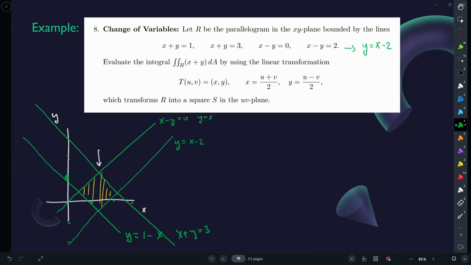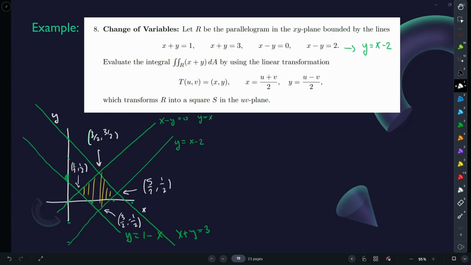So you can find the intersection of two lines easily, and these points are 3/2, 3/2. This point here is 1/2, 1/2. This point here is 5/2, 1/2. And this point here is 3/2, minus 1/2. Okay?